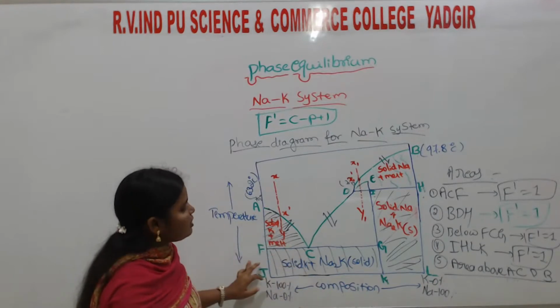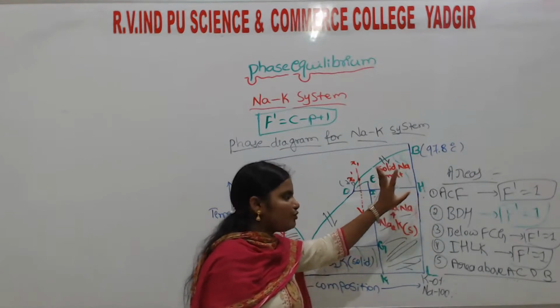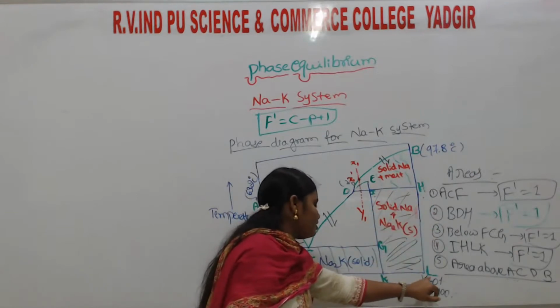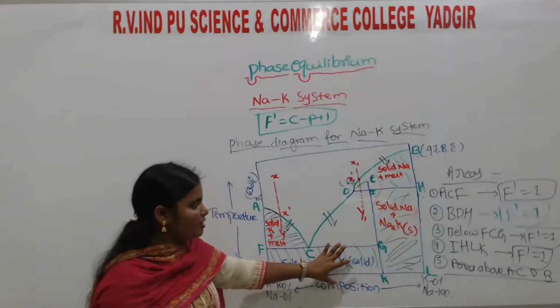The ACF has two phases. Here BDH has two phases. IHLK has two phases. Below FCG has two phases.